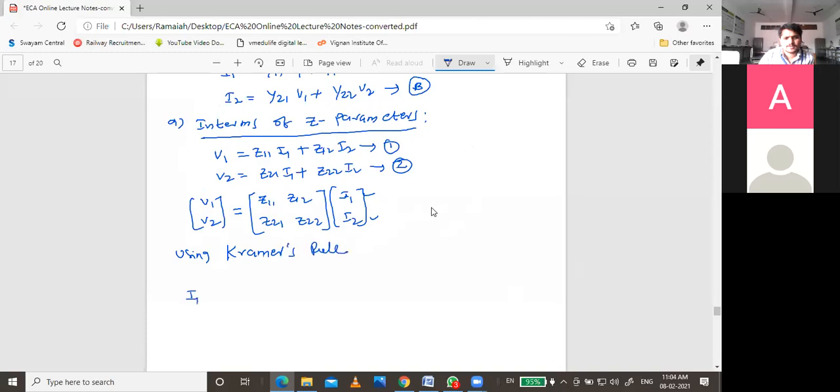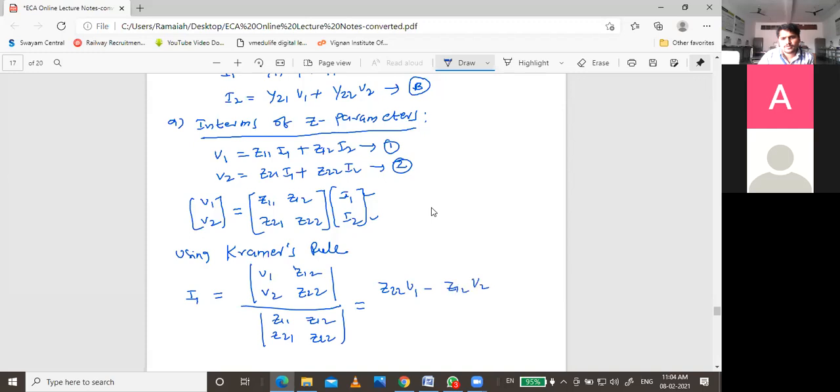So this I1 value must be equal to what? Replace the first column with V1, V2, next column Z12 and Z22, by the determinant of the matrix Z11, Z12, Z21, Z22. That equals Z22 into V1 minus Z12 into V2 by Z11 Z22 minus Z12 Z21.